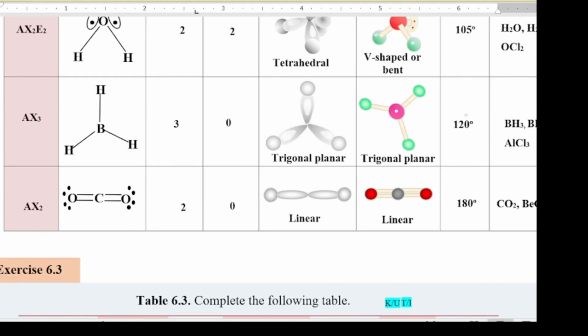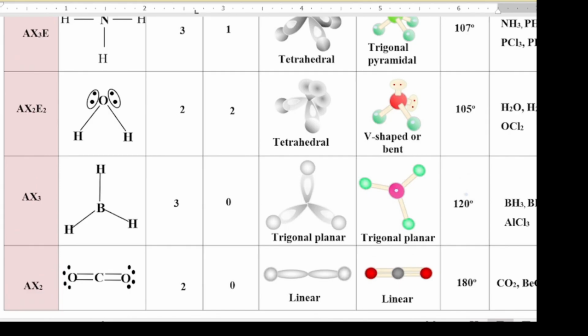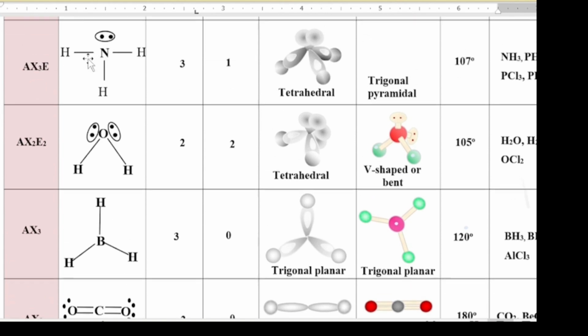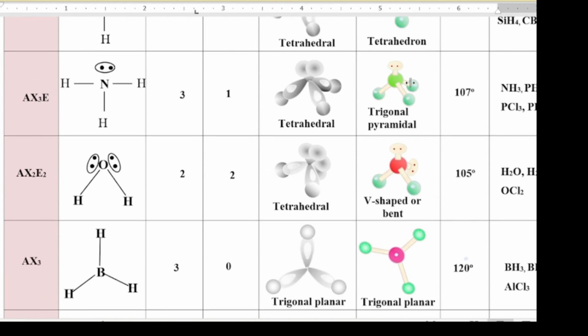AX3, boron trihydride. You have 3 bonded pairs, no lone pair. Be careful. You must indicate whether or not it has lone pairs. Look what happens if you had a lone pair there. See, there's a lone pair here. Because of that lone pair, this thing here is a trigonal pyramid.